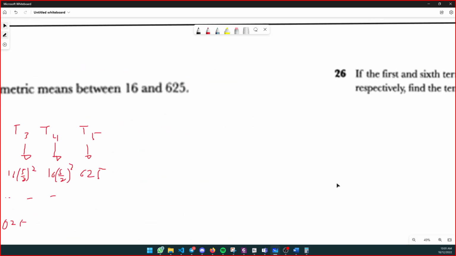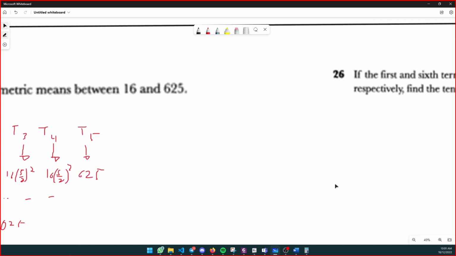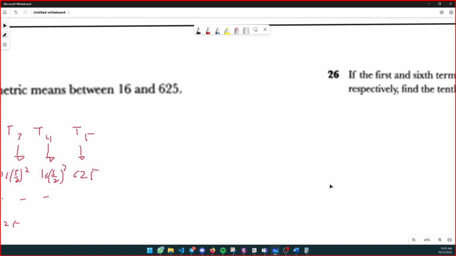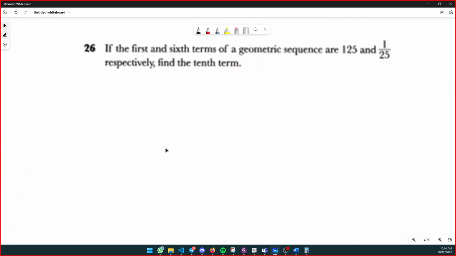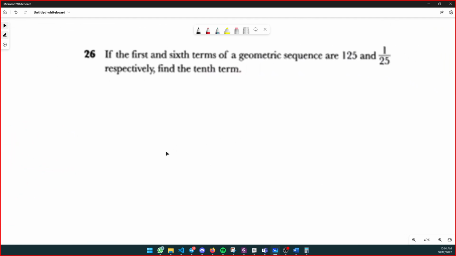Skipping question 25, it's quite similar to question 26. So let's go to question 26. If the first and sixth terms of a geometric series are 16 and 625, find the 10th term.